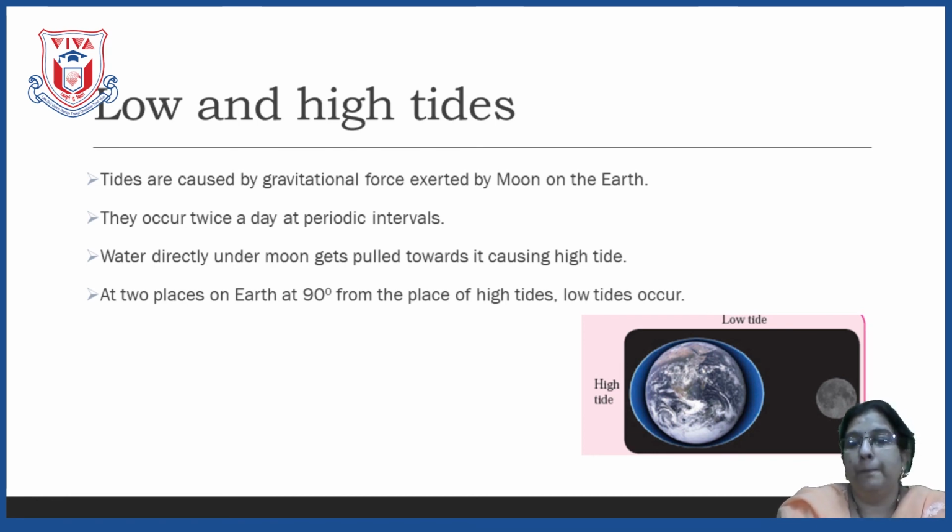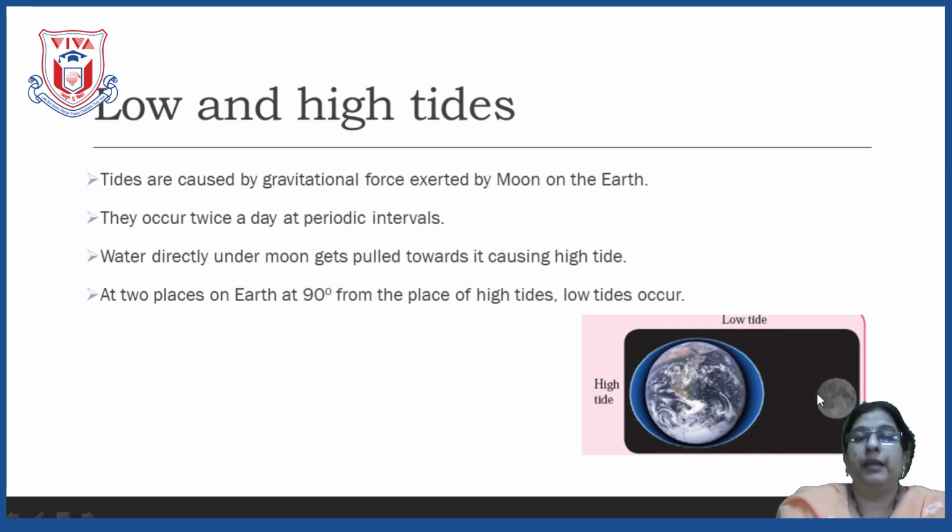So look at the figure, here it is the earth and here it is the moon. Earth attracts the moon and even the moon attracts the earth. Earth applies a gravitational force on the moon, and the moon applies a gravitational force on the earth.